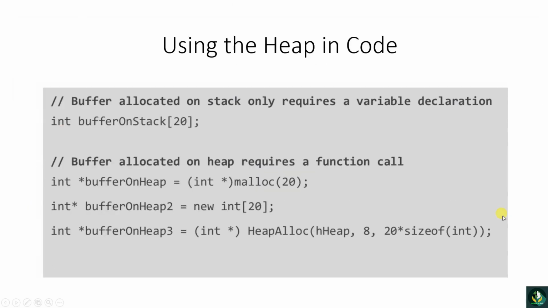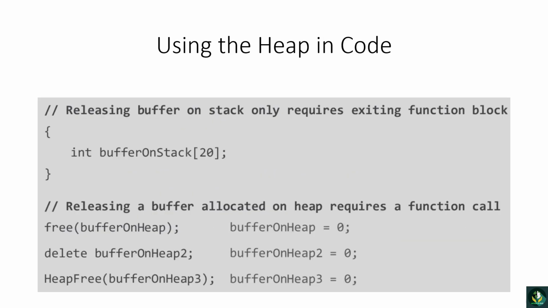One of the pitfalls of a programmer controlling memory management is the possibility that a memory pointer variable to the heap will be used after the memory has been released. The pointer variable will still contain the memory address of the released block of heap memory, but it is no longer valid to use.